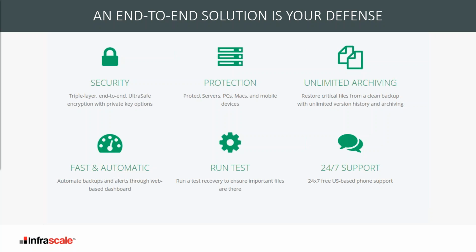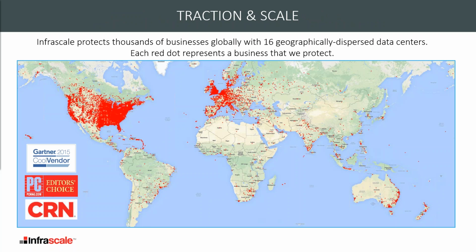We also have 24/7 support, 365 days a year. And not to mention, we're already protecting thousands of businesses globally with 16 geographically dispersed data centers around the world. And what you see on this map here is each red dot represents a business that we protect.